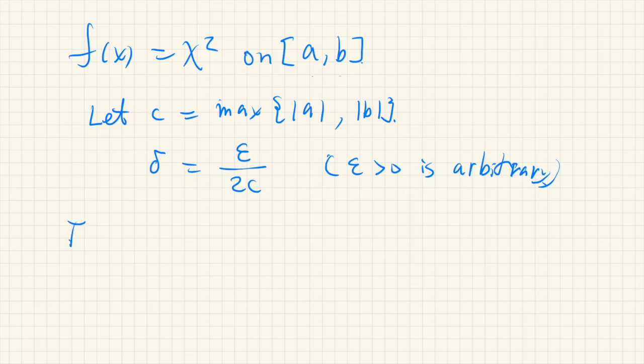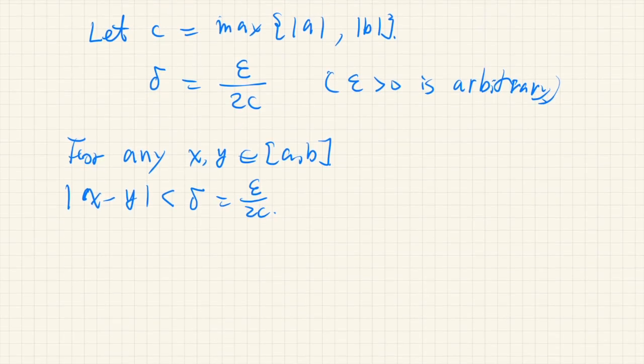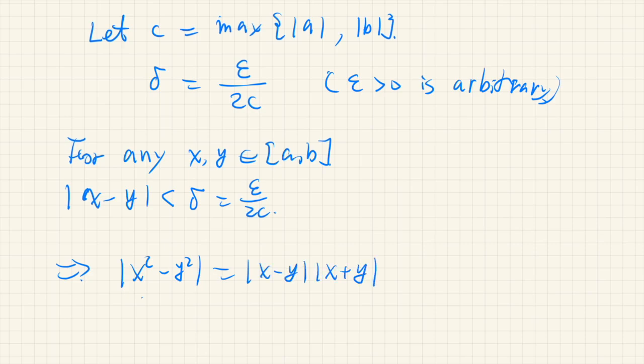Now, for any x and y that are in this interval, if x minus y, the distance between x and y, is less than delta, which is epsilon over 2c, then x squared minus y squared, if we factorize this, we have x minus y times x plus y.